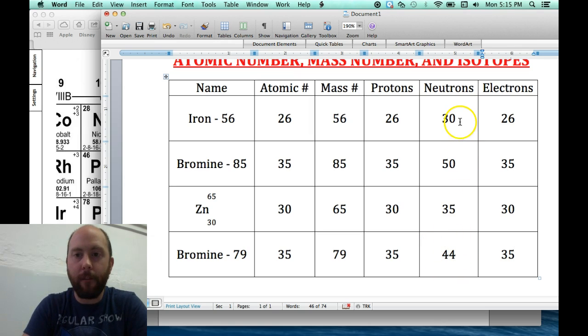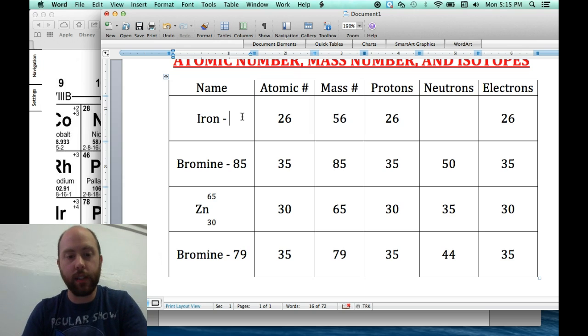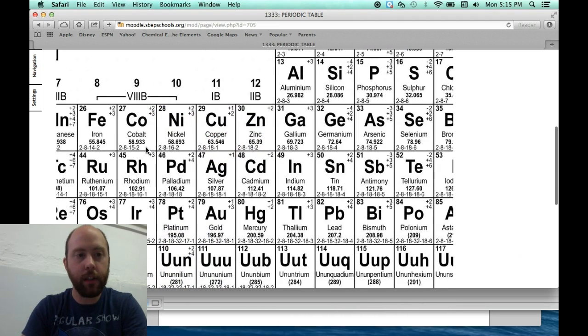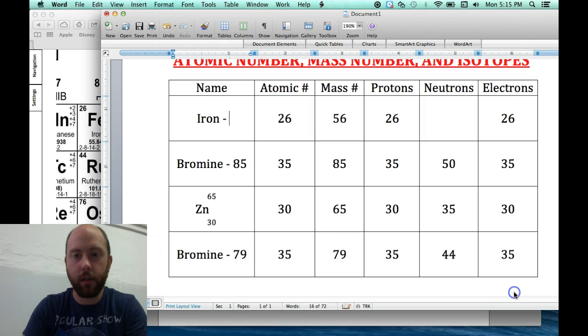If you recall, in the very first example, I didn't give you neutrons, nor did I give you a mass number. If I don't give you a mass number or neutrons, then I gotta go, oh, what's the average mass? Find iron. There you are. What's the average mass? Now round that to the nearest whole number.